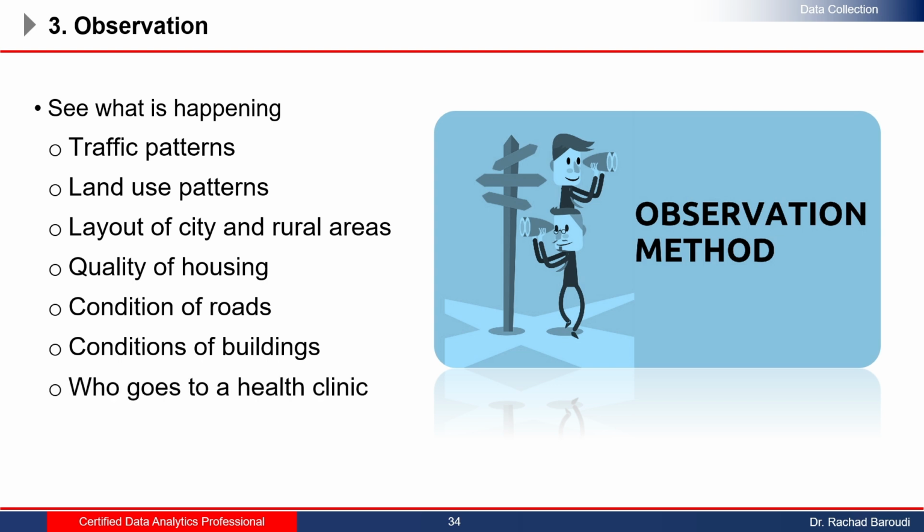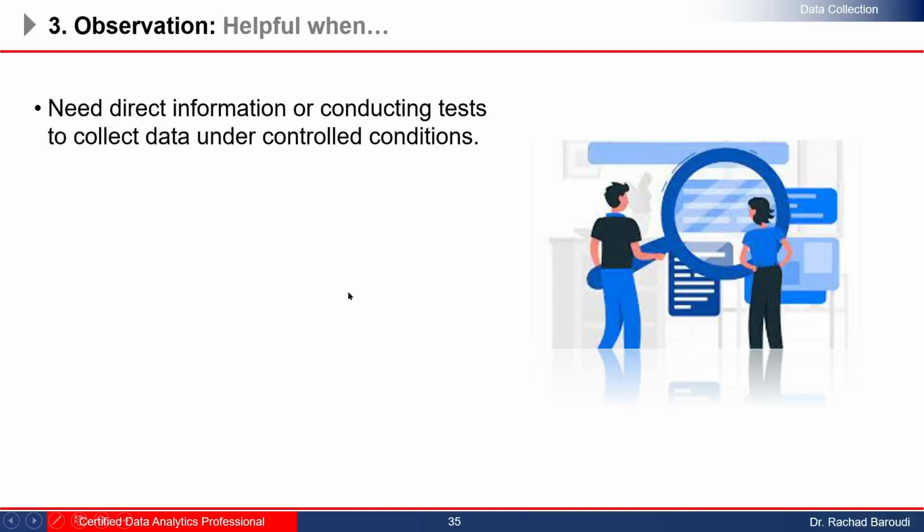Who goes to a health clinic? So you can always ask people when they are coming to the clinic on their background. Observation is useful when you need direct information or conducting tests to collect data under controlled conditions, trying to understand ongoing behavior.